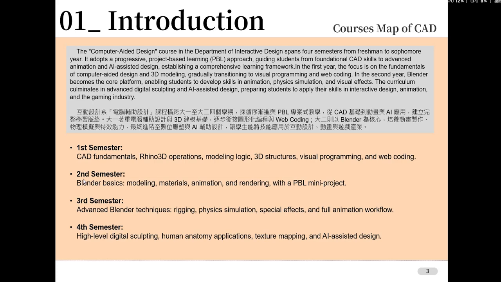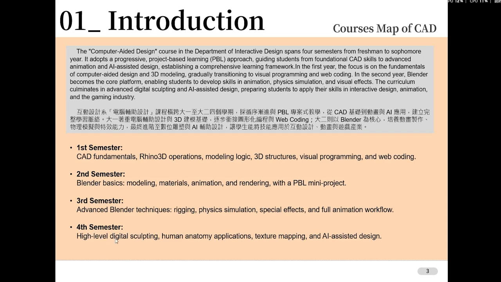So after the first semester, we will focus on the traditional animation working pipeline. Usually we don't call this CAD, but in our department, that will be the CAD for you. For the second semester, we are going to do Blender basics, including modeling, materials, animation, rendering, etc. And by the third semester, I will lead you through the entire animation working pipeline, including rigging, physical simulation, VFX, and camera movement. Once you finish the practice for the third semester, I hope you can all become CG generalists.